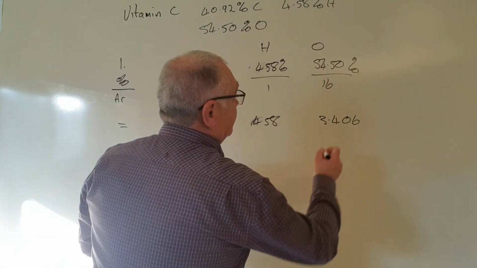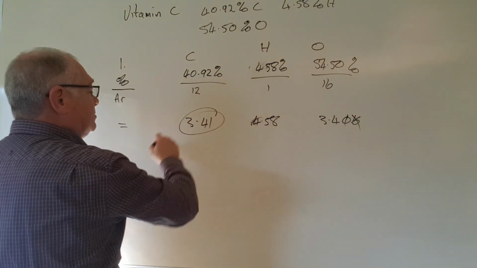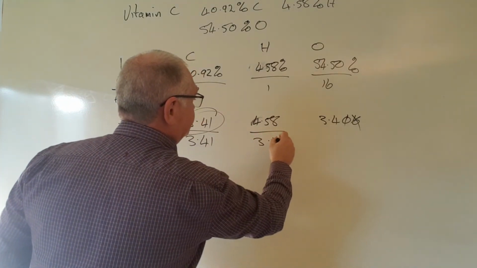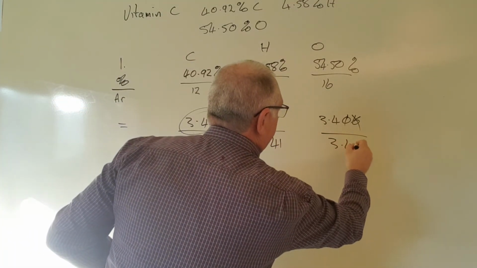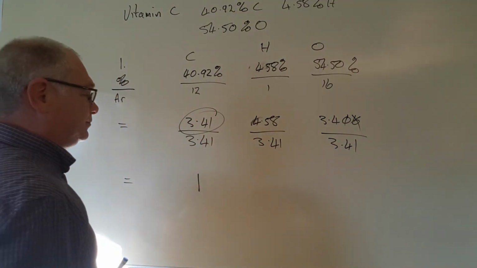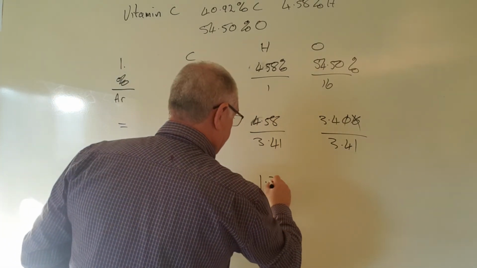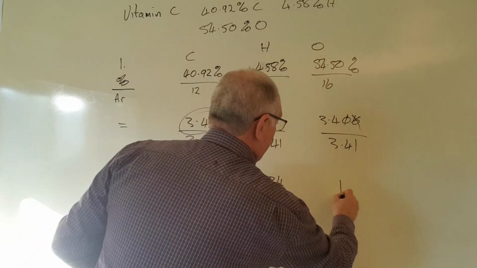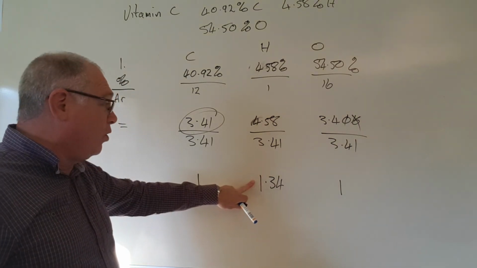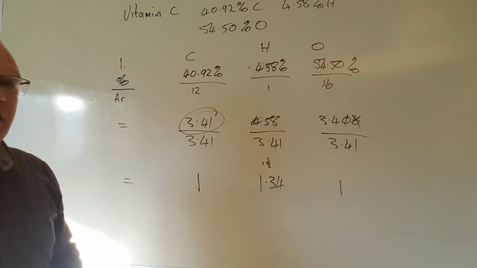I'm going to actually round that up to 3.41, and so my smallest number is 3.41, so I'm going to divide by 3.41, and my ratios are 1.34 and 1. You'll notice that this is almost 1 1/3. It's very close.